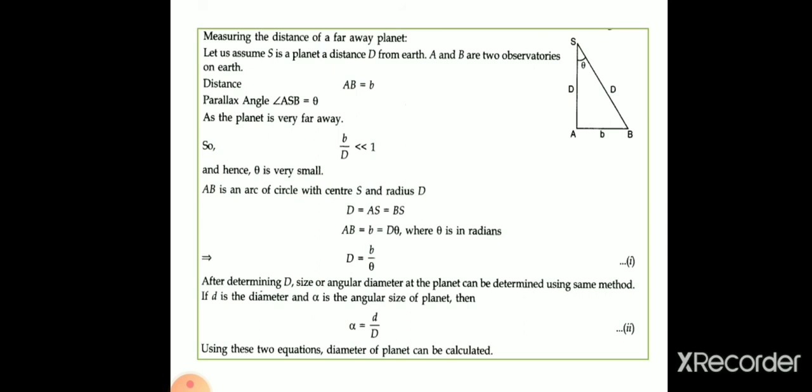After determining the distance capital D, the angular diameter of the planet can also be calculated using the method of parallax.